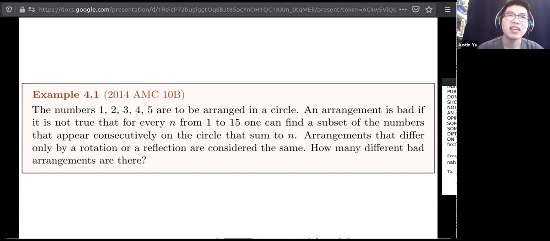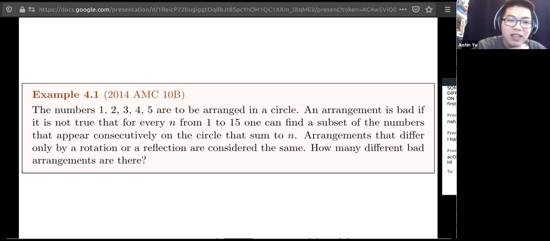And the idea here is that we can actually reduce this to a very stupid type of casework. And that type of casework is called bash. All right, so arrangements are considered the same if they differ by rotation and reflection.